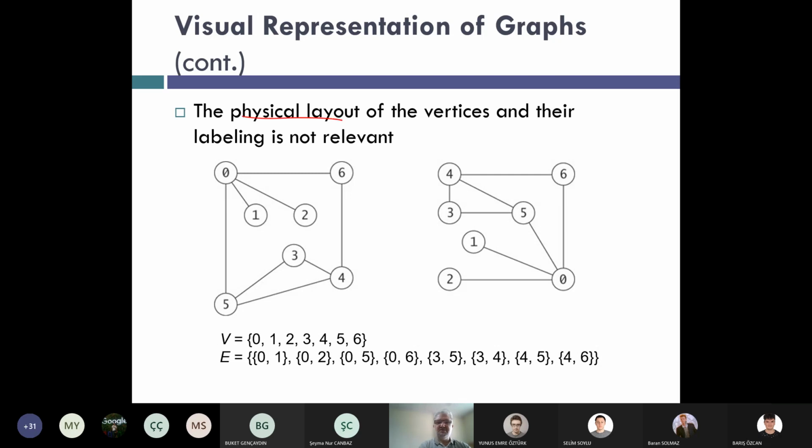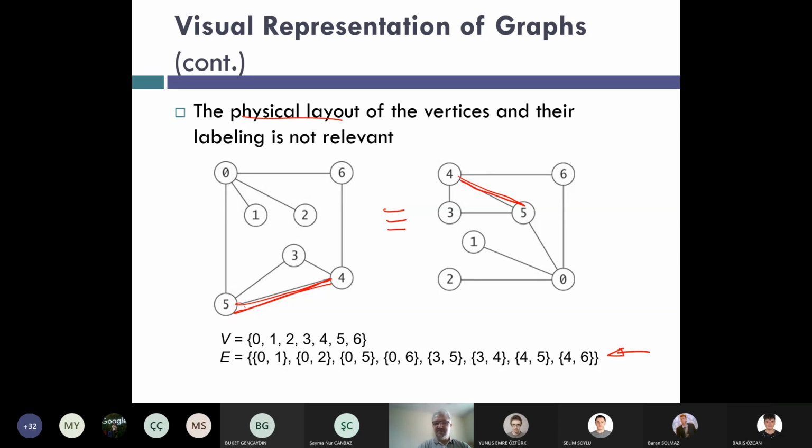Physical layout and positions of the vertices is not important in this visual representation. So you can place the vertices anywhere and still the graph is the same. So these two graphs are equivalent graphs without any difference. As you see, there is an edge between 4 and 5, and all the edges are the same, even with this representation.